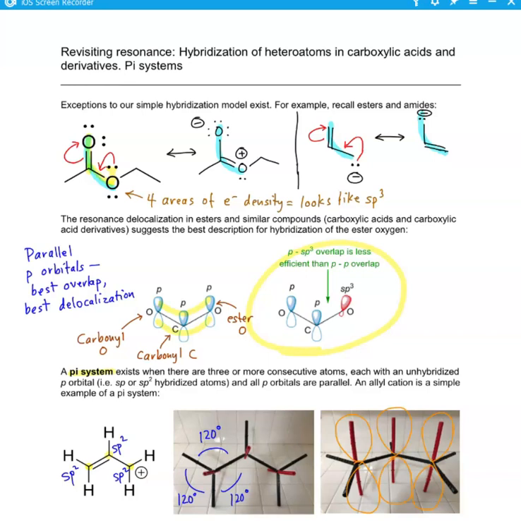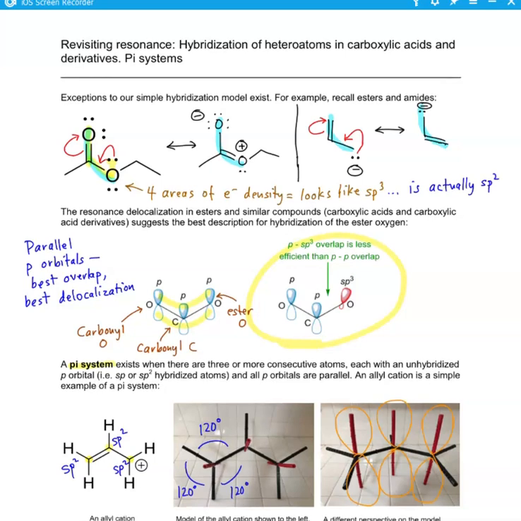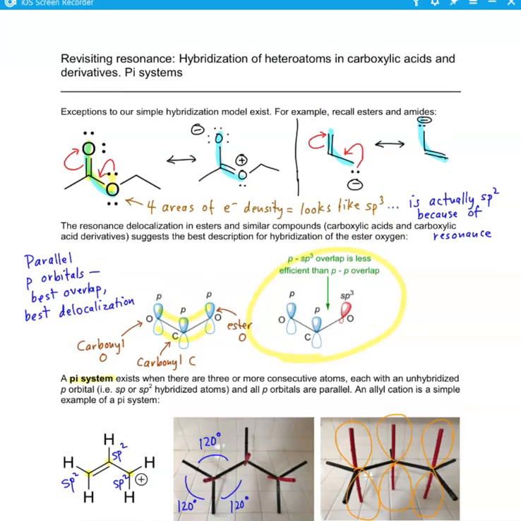So the ester oxygen, although it looks like sp3, is actually sp2, and that's because of the resonance argument. So that's the exception that you have to be on the lookout for.